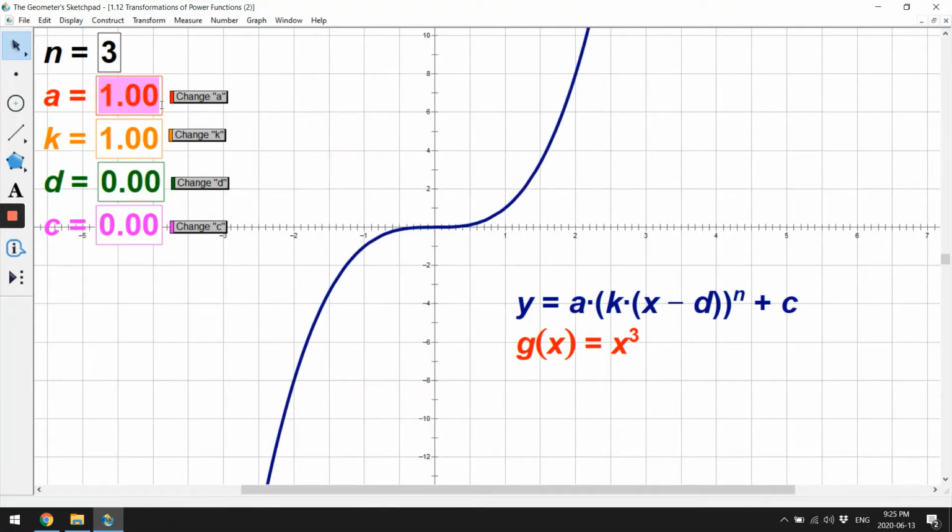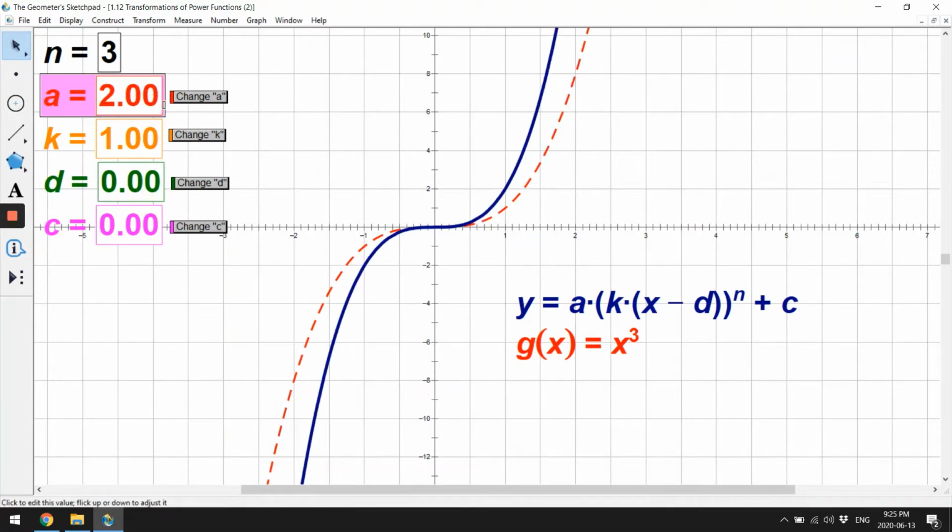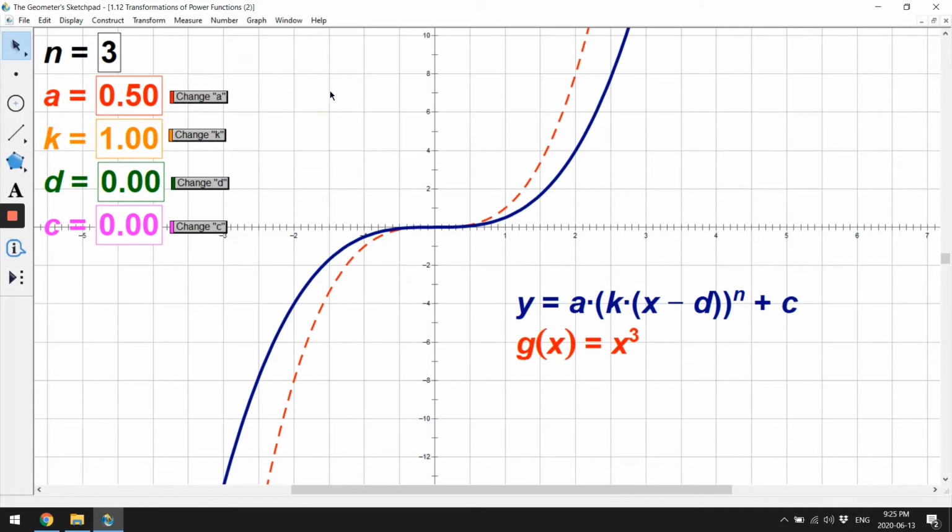Okay, so let's go back to a 0 here. So if A is equal to 2, you have a vertical stretch by a factor of 2. And if A was 0.5, or 1/2, now the textbook will say it's a vertical compression by a factor of half, but I strongly disagree with that because it just doesn't make any sense when you say vertical compression by a factor of half.